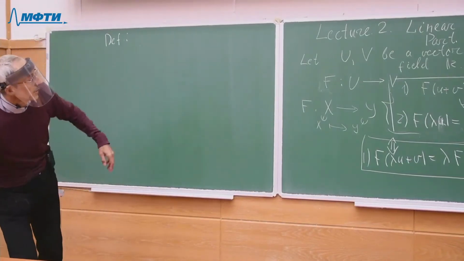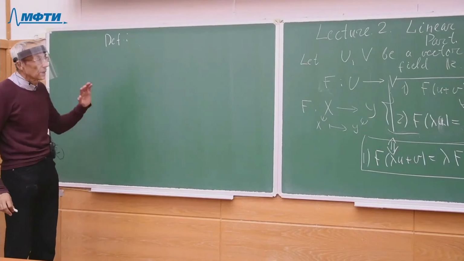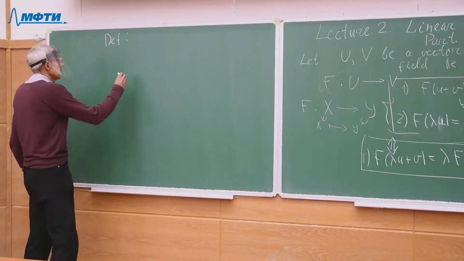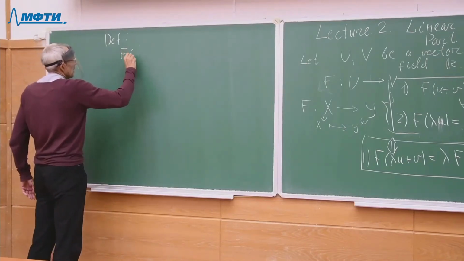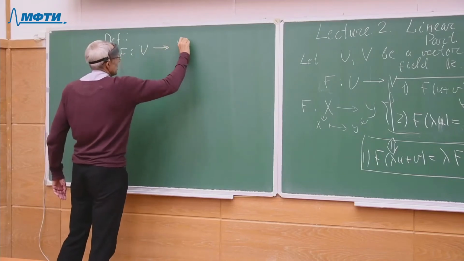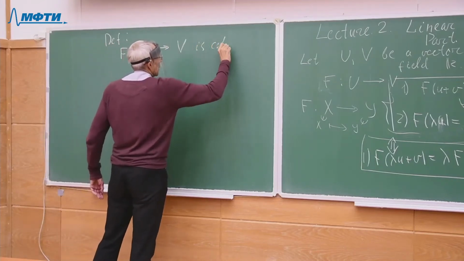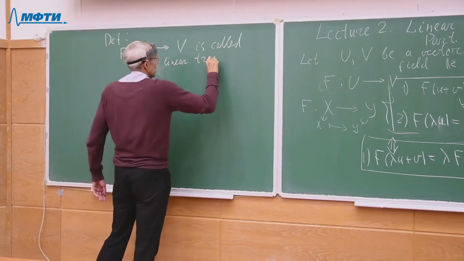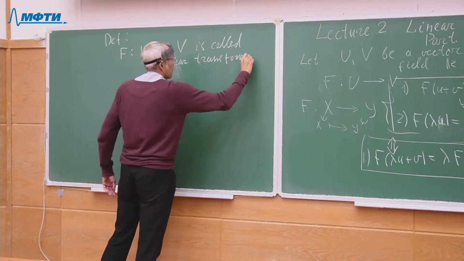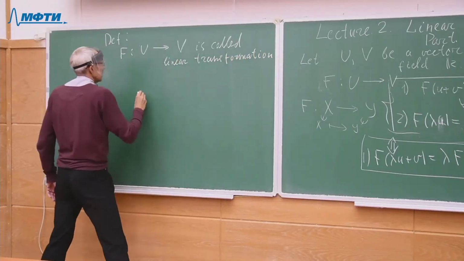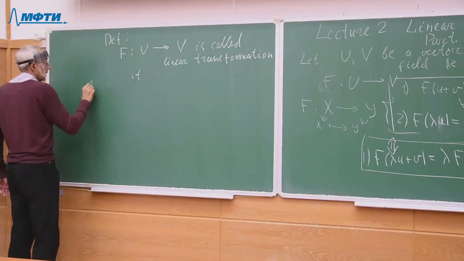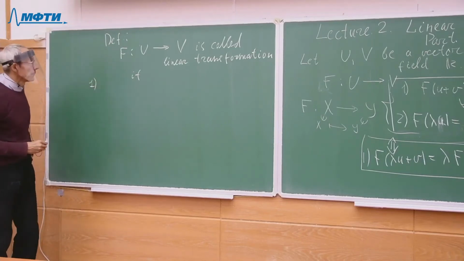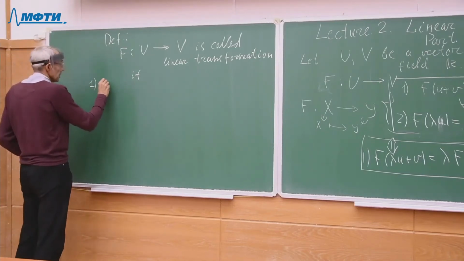Let, as above, U and V be vector spaces over some field K, and the mapping F from U into V is called a linear transformation if this mapping satisfies the following two properties.